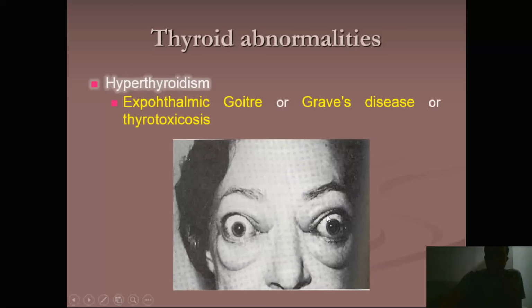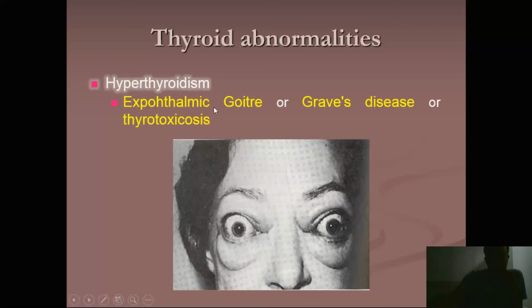That's a characteristic physical symptom from which you can identify it. That's why it is called exophthalmic goiter. Or, after the scientist who described this disease, it's also called Graves disease. Thyroid hormones are at a toxic level in the body, that's why it is called thyrotoxicosis.